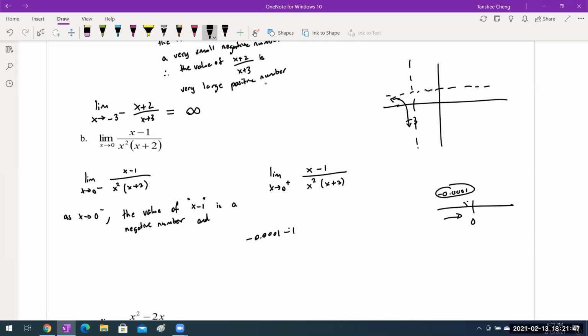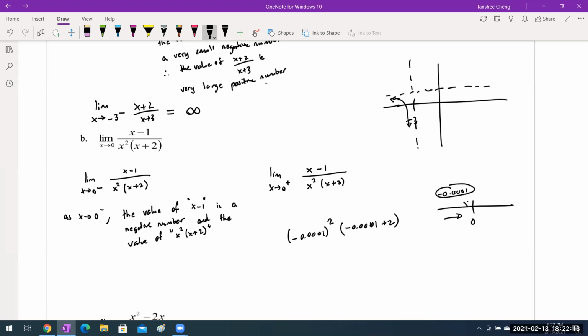Now I want to talk about the denominator part. That will be negative 0.0001 squared times negative 0.0001 plus 2. So we want to talk about the value of x squared times x plus 2.